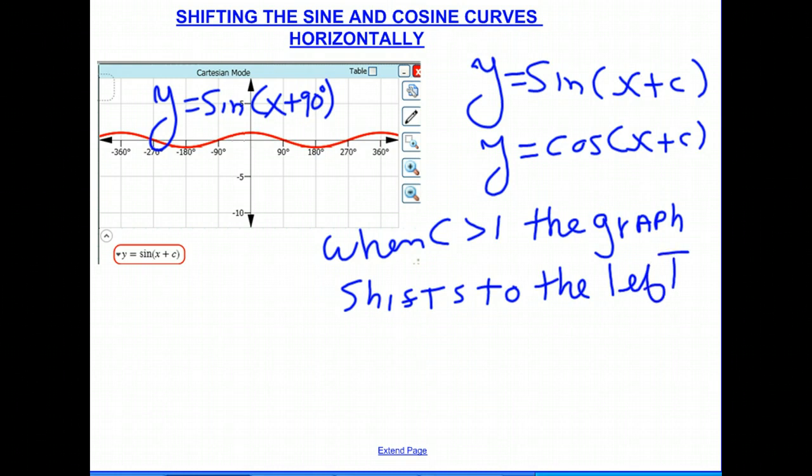As in this case, when c is a plus 90, the graph has shifted to the left that way.